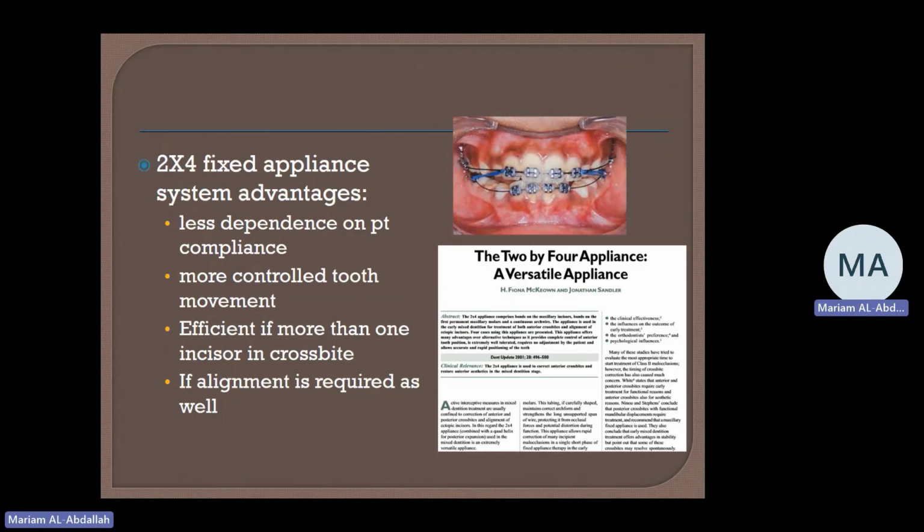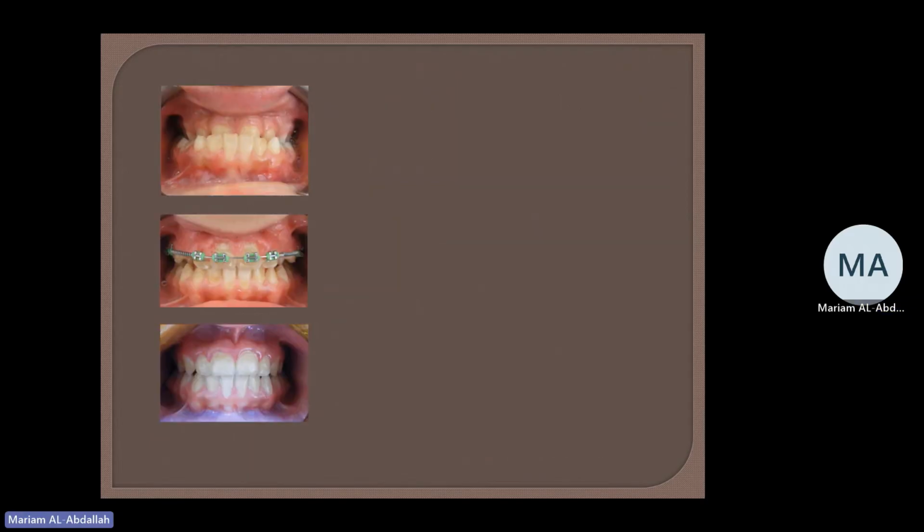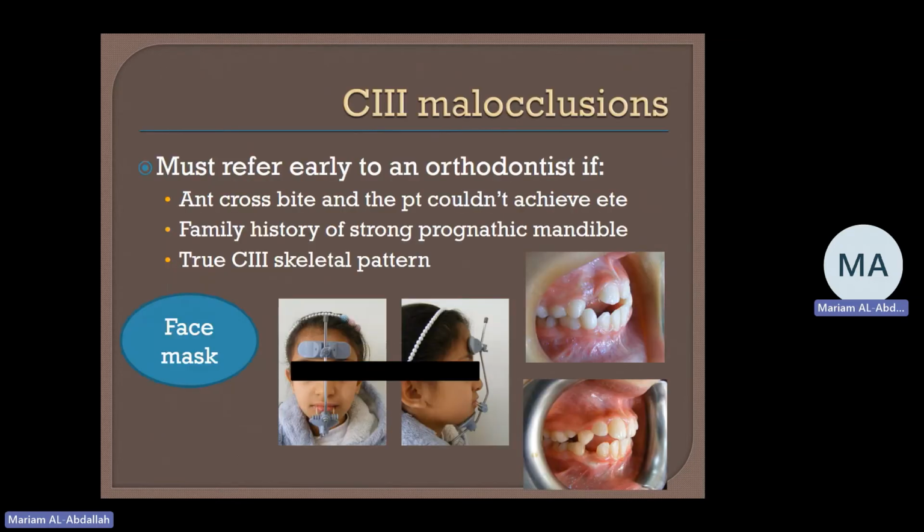And we have more controlled tooth movement compared to a simple tipping movement provided by the removable appliance. It is efficient if we have more than one incisor in crossbite and if alignment is required as well. So this is an example of a patient with a crossbite where we used a 2x4 appliance to treat the malocclusion.